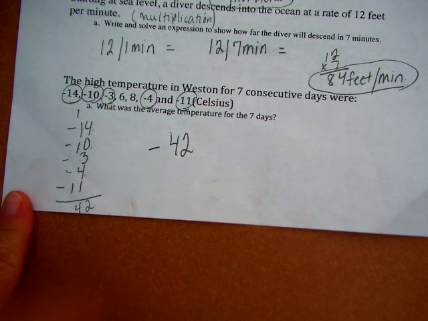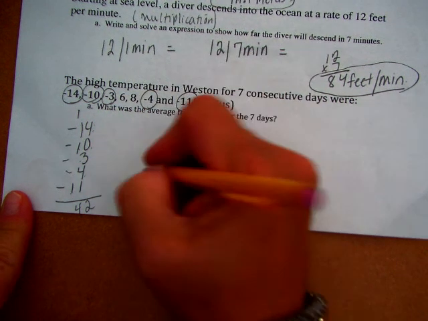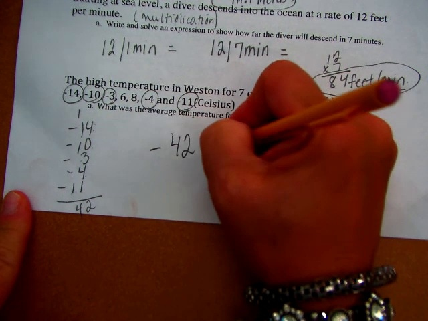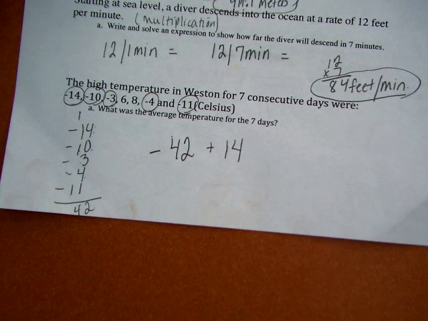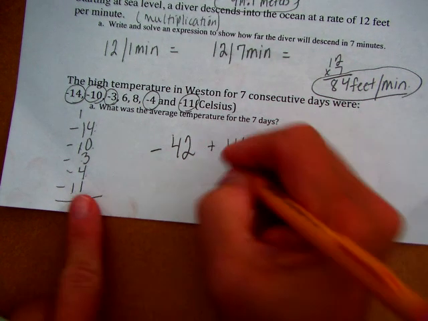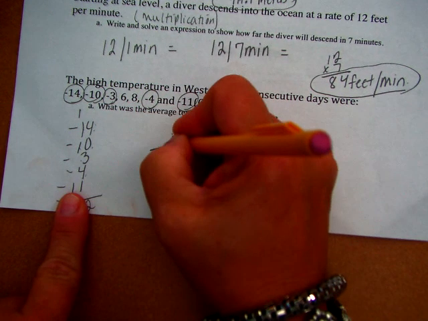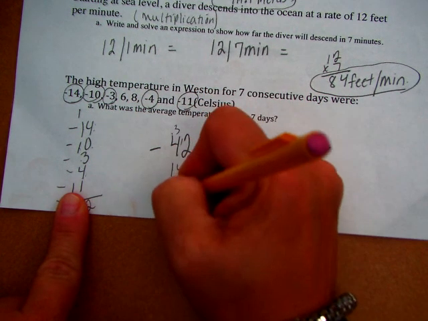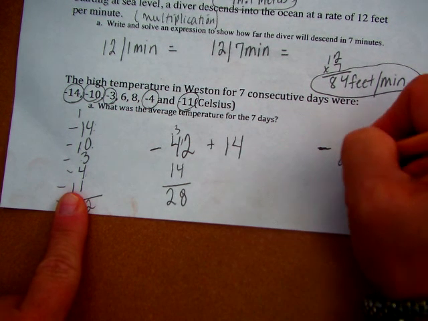Okay? So then I've got 6 plus 8 is 14. Negative 42 plus 14. Signs are different. Keep the sign of the larger number, which is negative, and subtract. So 42 minus 14 is 28. So it'd be a negative 28.